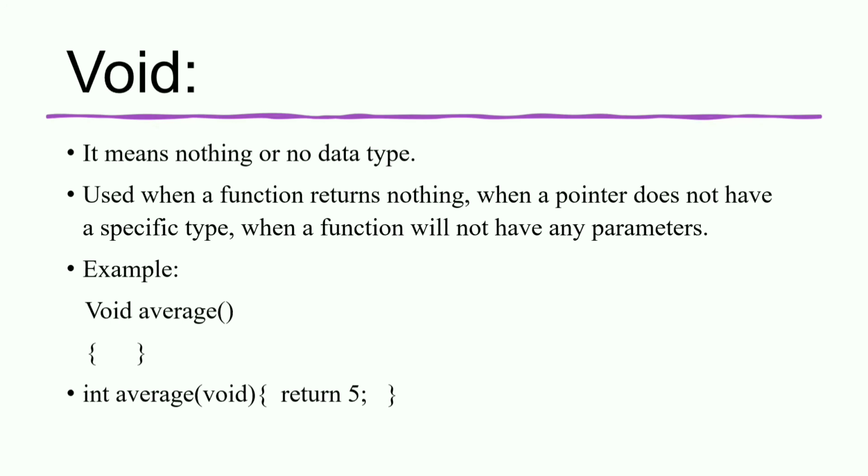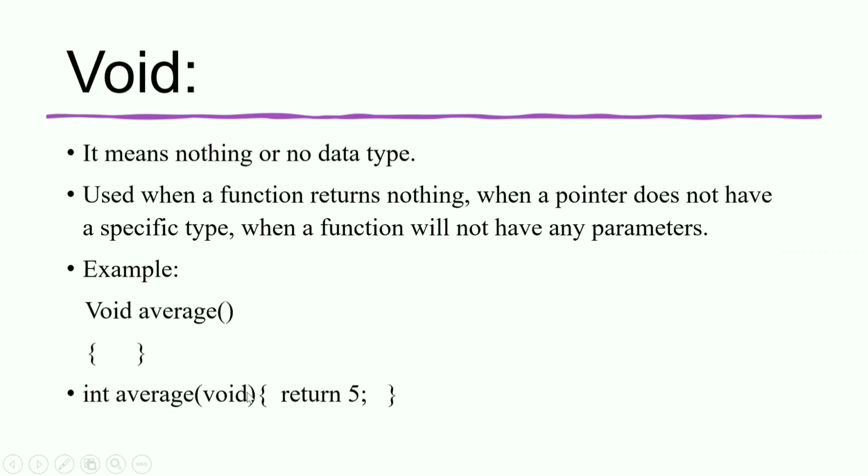We can use it to declare a function or a pointer. For example, if we declare a function using void as a data type, the function will return nothing. Here void average. So the function is returning nothing.